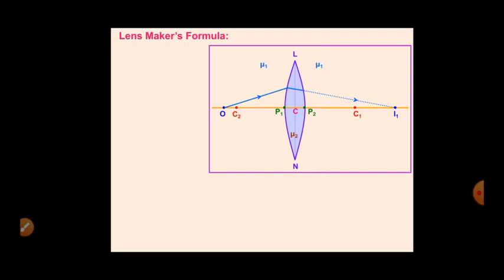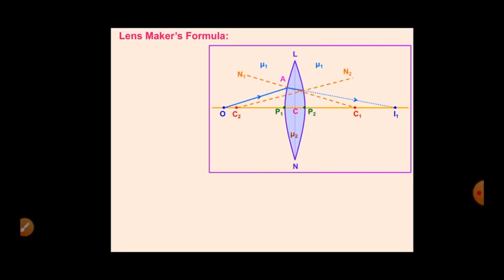But as we have two refracting surfaces, this image I1 will serve as the object for the second refracting surface. The second surface will not form the image of the object O; it will form the image of I1, the image obtained by the first refracting surface. So let's see how the final image is formed.